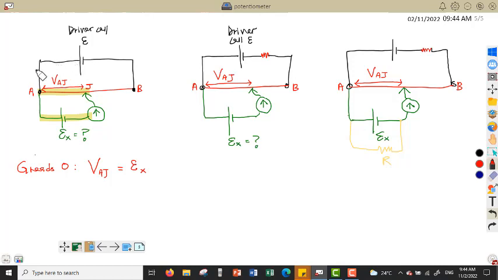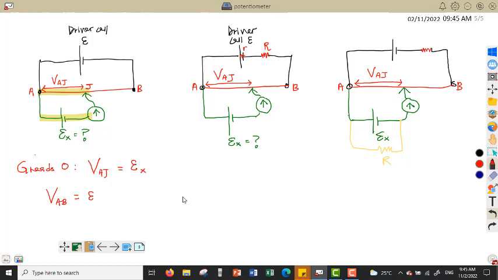And then if we refer to the primary circuit, we will find out that the driver cell is connected directly to the whole wire AB. So the voltage across the whole wire AB will equal to the voltage of the driver cell. But class, not necessarily always is our driver cell directly connected to the whole wire AB. Sometimes in this primary circuit, we might have an external resistor and also internal resistance in the battery.